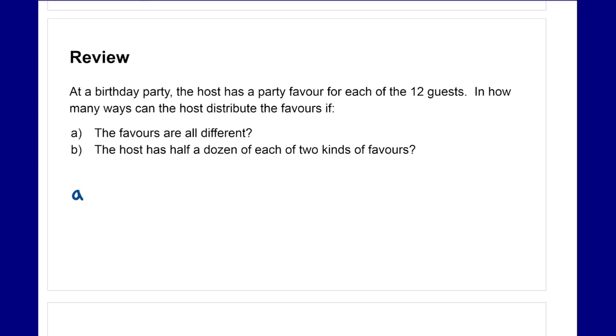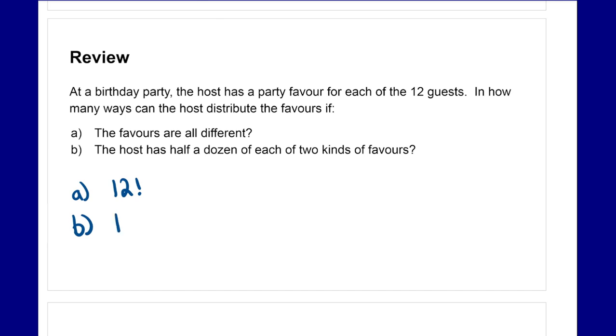So for A, if they're all different, how many ways can we distribute them? Well, it would just be 12 factorial. 12 different or unique items given out to 12 people. For B, if I have 6 of two different kinds, so let's say 6 of type A and 6 of type B, that means they're identical. So if I were to hand them out or distribute them in a specific order, I wouldn't really notice the difference between the 6 of the one type and the 6 of the other.